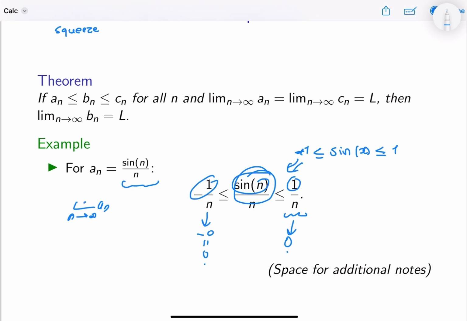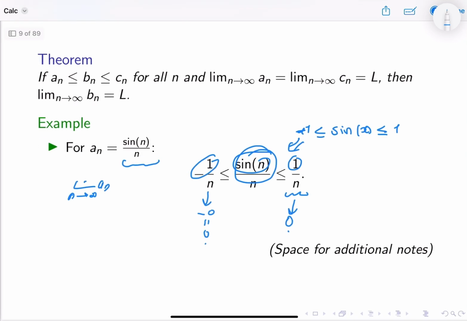In other words, what we did here is that since the limit of 1 over n is equal to the limit of -1 over n is equal to 0, it follows that the limit of sin n over n as n goes to infinity is equal to 0, right? So intuitively speaking, if a sequence is bounded between two things and these things go to a number, then the thing in between should go to that same number.